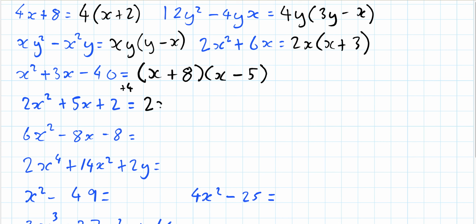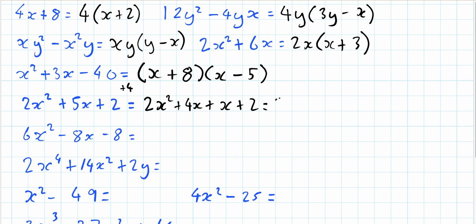So that is 2x squared plus 4x plus 1x. I just broke this up into 4x plus x plus 2. And then we're going to factorize each part.